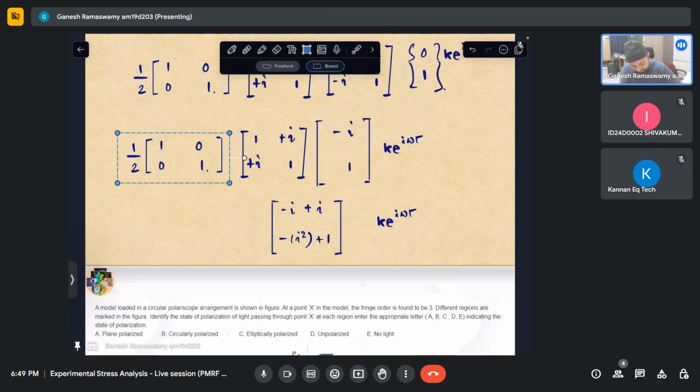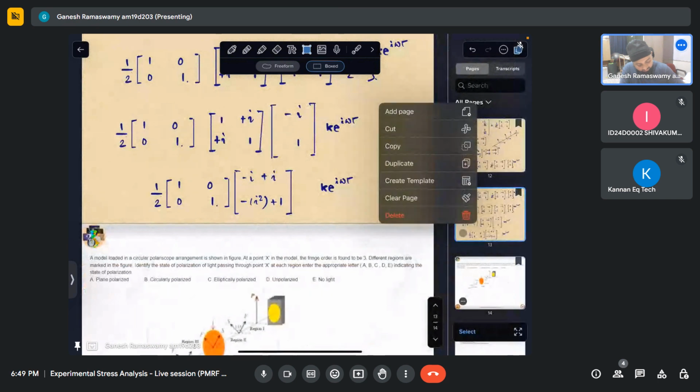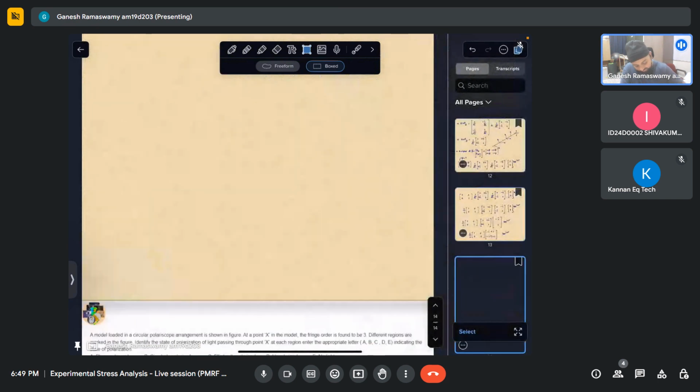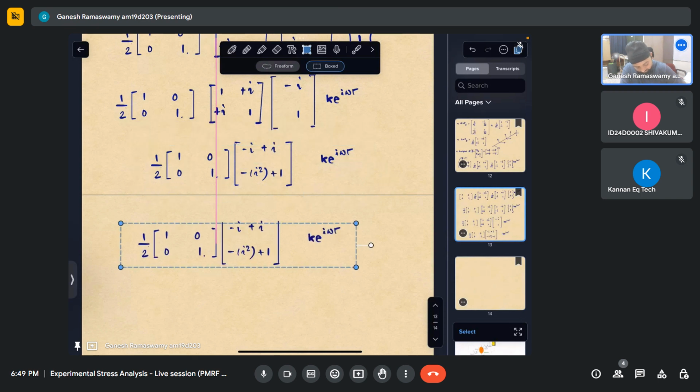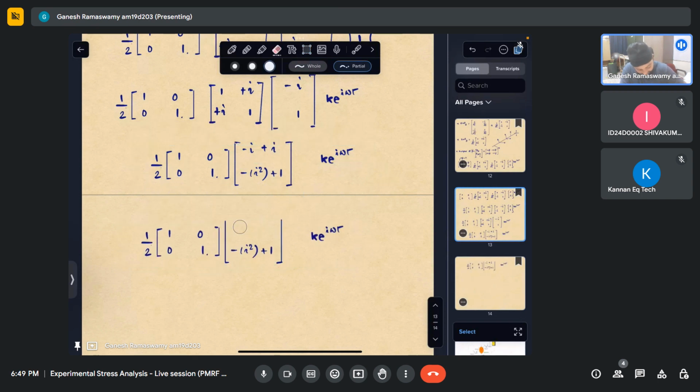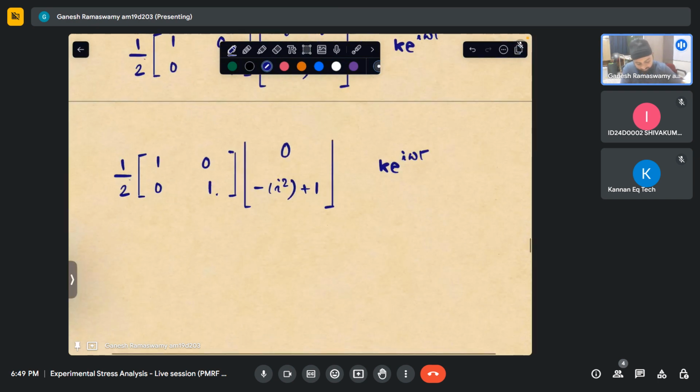And then this comes as it is here. Okay, so what does this come out to be? Minus i plus i is 0. i squared is minus 1, minus of minus 1 is 1. So I have here 2.